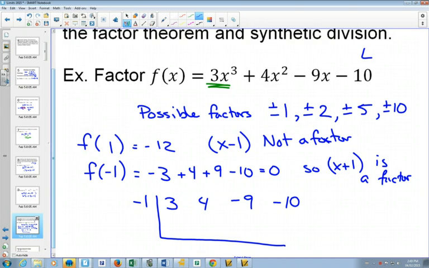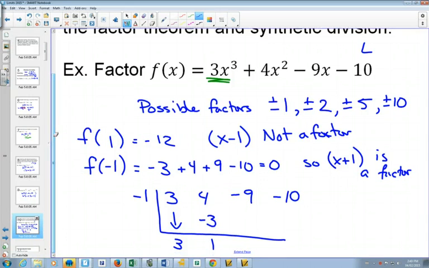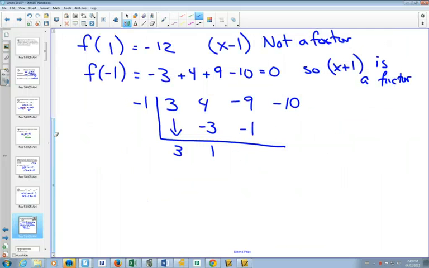Bring down the first number. Negative 1 times 3 is negative 3. Then add 4 plus negative 3 is 1. Negative 1 times 1 is negative 1. Add them, negative 10. Negative 1 times negative 10 is positive 10. Add them and get 0.